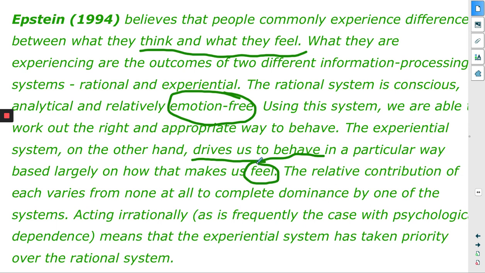So our feelings take over our thoughts. So what it says here, and this is particularly true of addicts, is that acting irrationally is something which is linked to psychological dependence. In other words, I'm able to let my experiential system take over the rational system. In other words, my dependence is overcome.